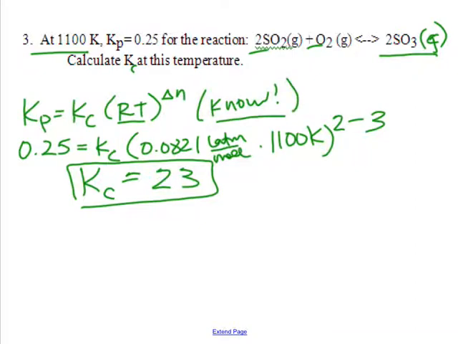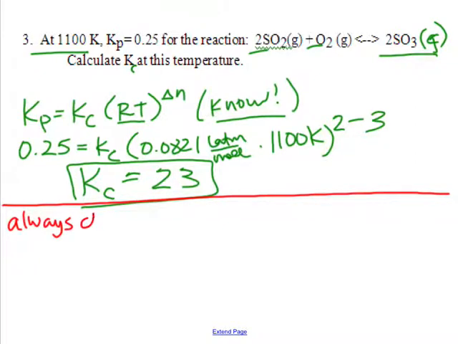Now I'm going to tell you a trick, because on the AP they actually don't like you to have to do math if you really don't need it. So the trick here is to always check the delta N first. A lot of the times, your delta N will be equal to 0 because it'll be the same number of moles of gas on both sides.